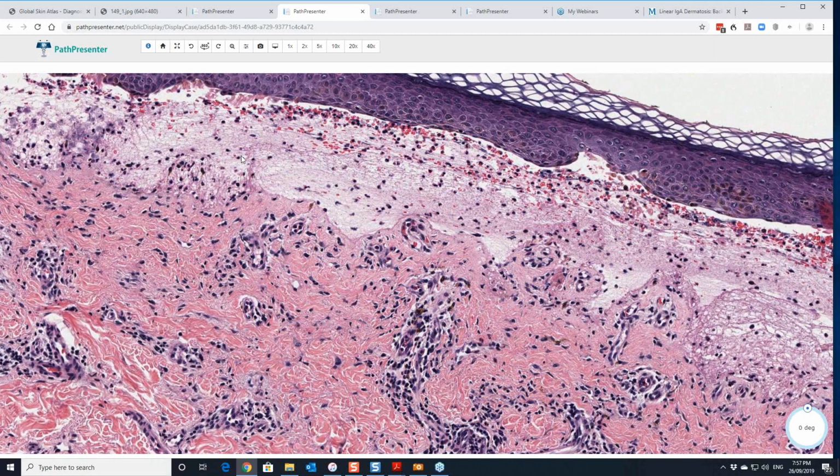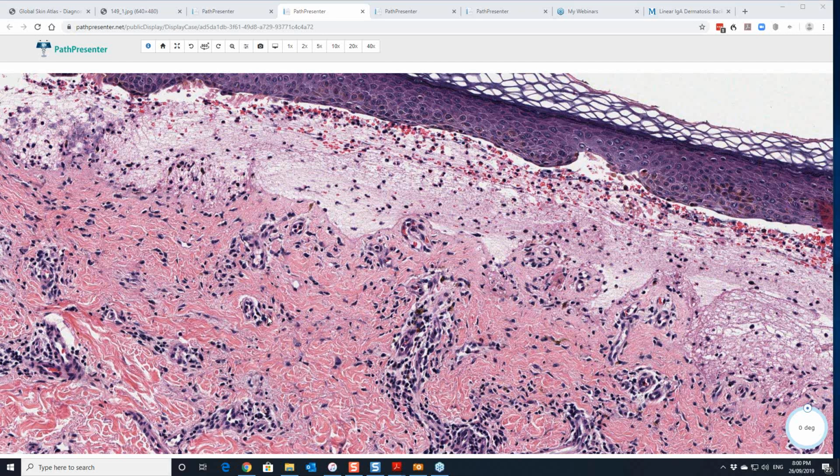Remember, in bullous pemphigoid, you would be looking for eosinophils. Now, in linear IgA disease, you can sometimes see eosinophils, but you're more likely to see neutrophils. And often those neutrophils are in the dermal papillary space as well, in a milder form, so that it can look a little bit like dermatitis herpetiformis. However, when you get splitting like this, this is much more the picture that you'd see in linear IgA than in dermatitis herpetiformis.